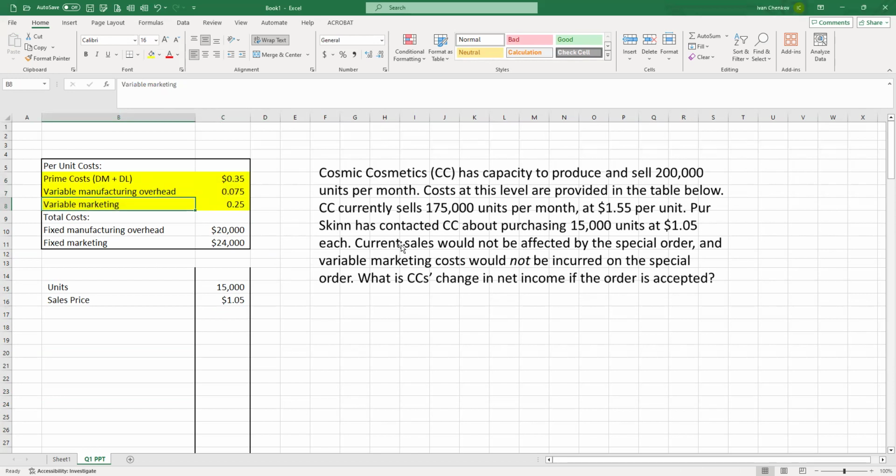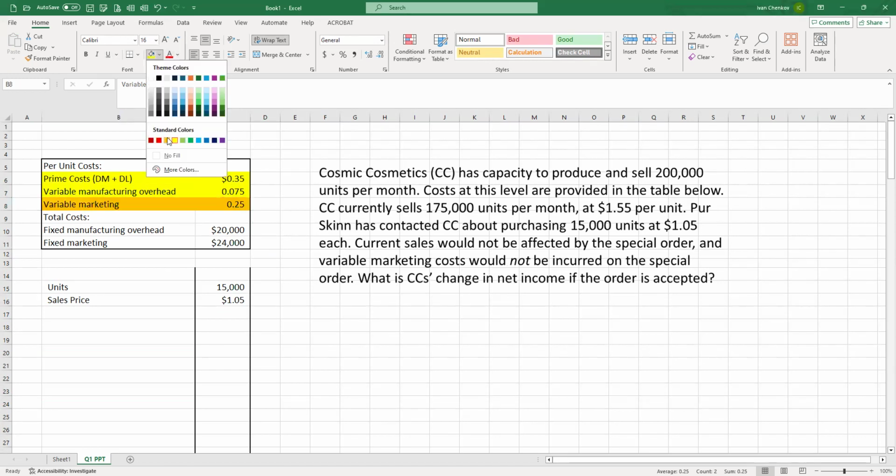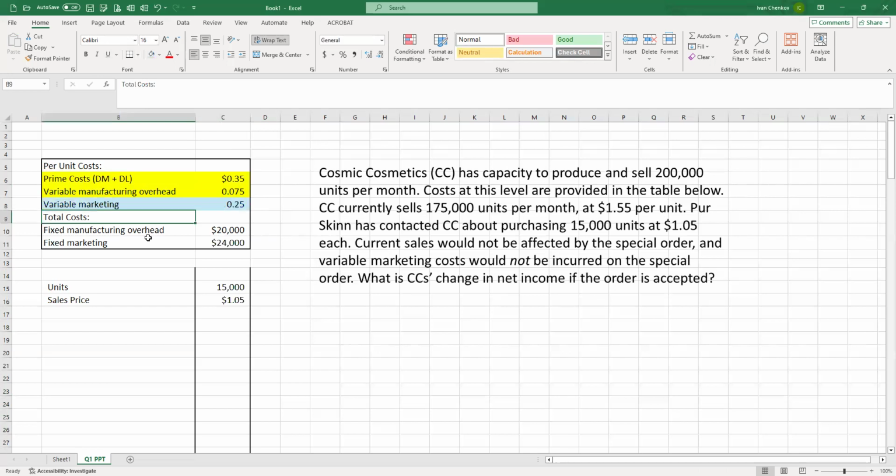Current sales would not be affected by the special order, and the variable marketing cost will not be incurred on the special order. So which one is not going to happen? That one, right? So this one, it's not going to happen. Let me highlight it in a different color, like this one's not going. This is not happening. So which are the costs that you should consider?